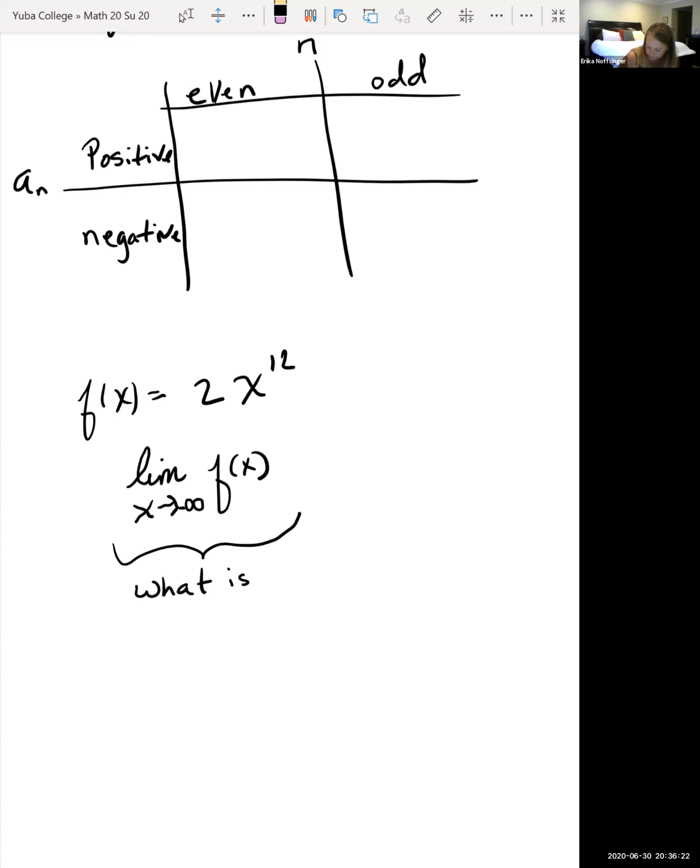Okay, well, let's just think about it logically. If it's going to negative infinity, that just tells me that I'm plugging in negative numbers whose absolute values are getting larger and larger. So if we plug in a negative number wherever we see an x in f of x, this would equal 2, I see an x there, I'm going to plug in a negative number, raise it to the 12th.